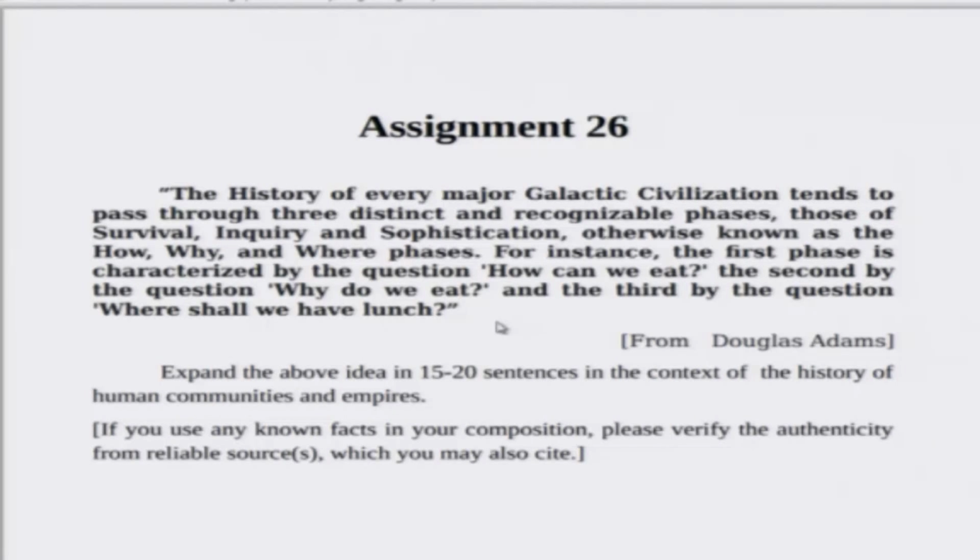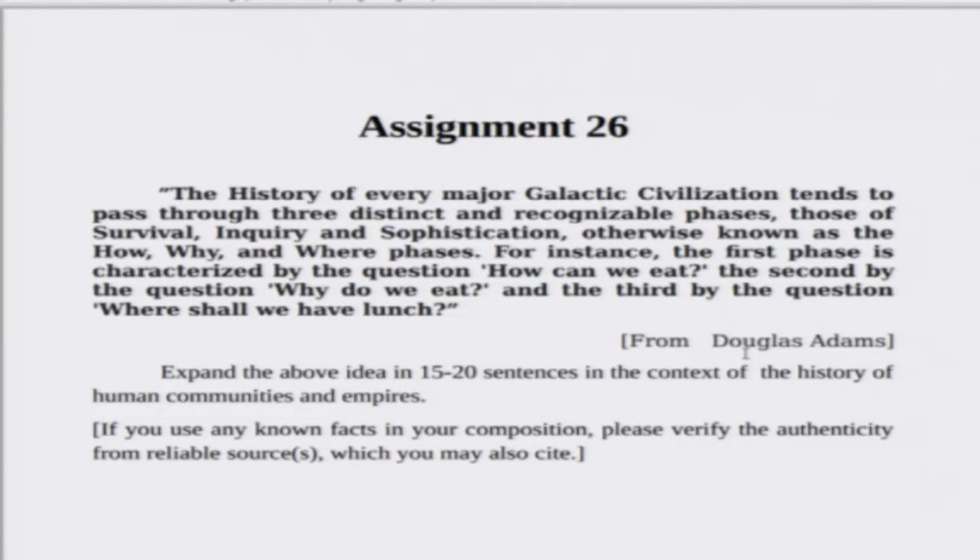For instance, the first phase, that is survival, is characterized by the question, how can we eat? The second by the question, why do we eat? And the third by the question, where shall we have lunch? So, this is a jovial quotation from Douglas Adams.